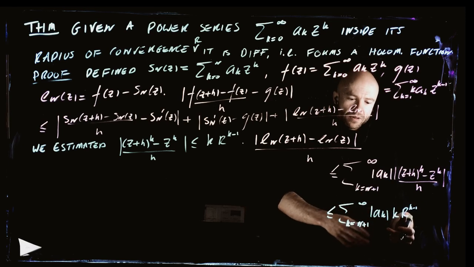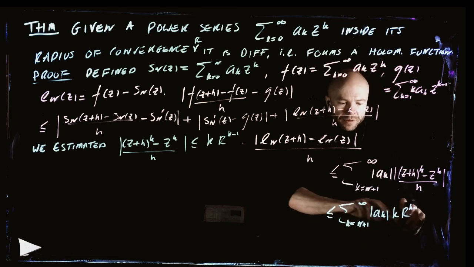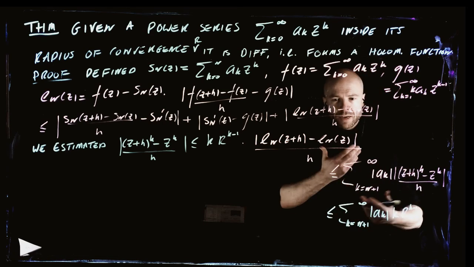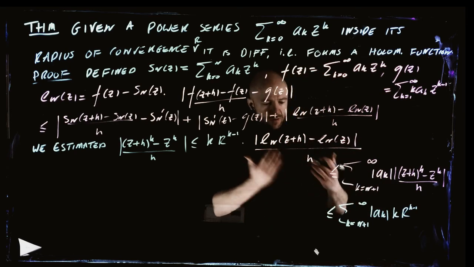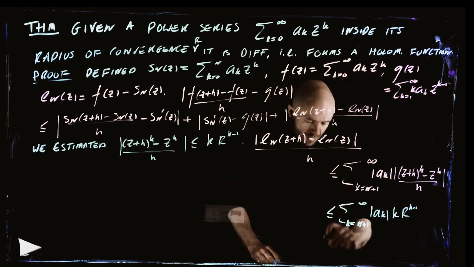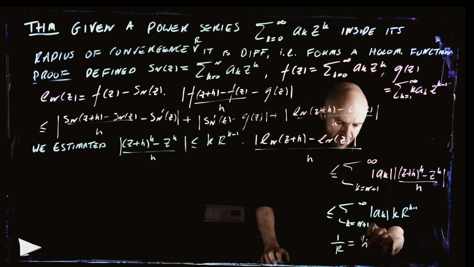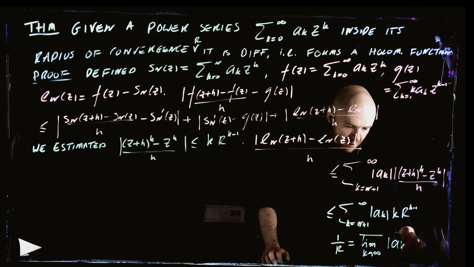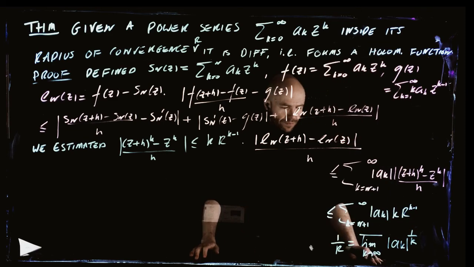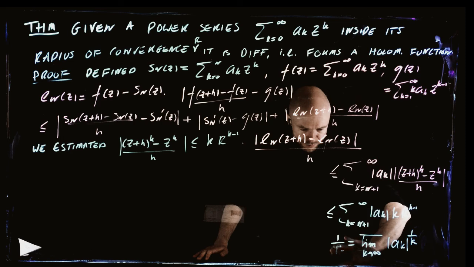This is the tail end of a convergent series, because this r is the r we get from the Hadamard formula. So recall that 1 over r was the lim sup as k goes to infinity of the absolute value of a_k to the 1 over k.